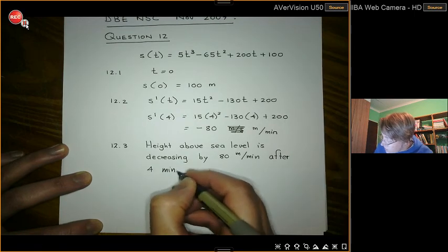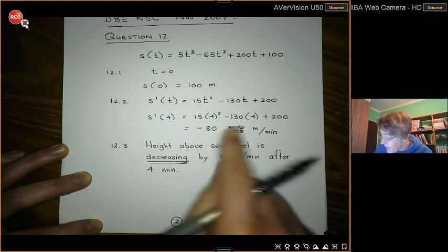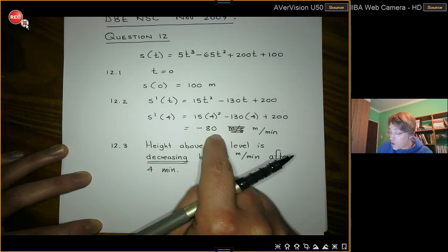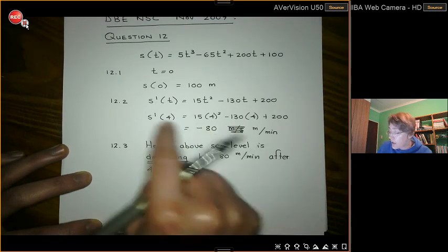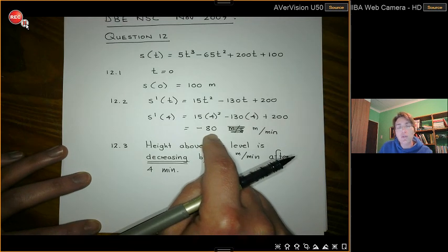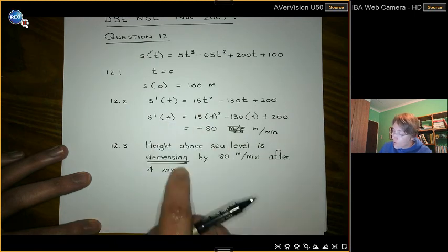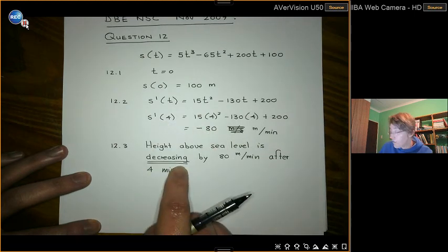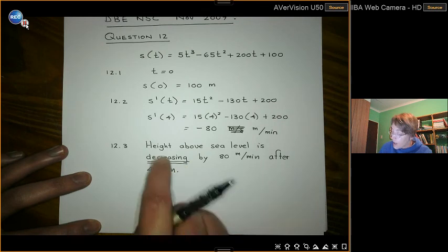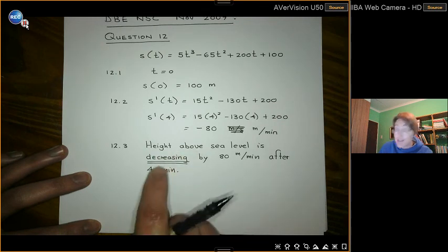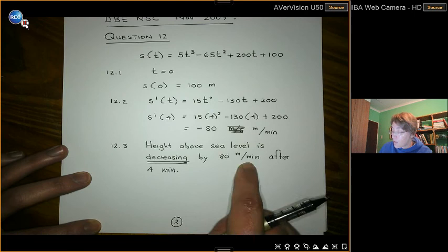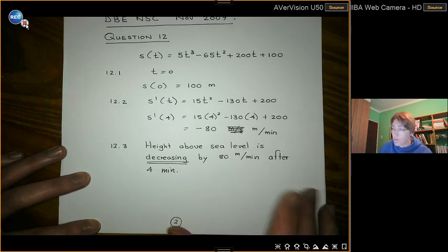So it's just referring to the fact that because it's negative, it's a negative rate of change. Remember, I spoke to you guys about the fact that negative rates of change are also referred to as negative gradients, because the rate of change and the gradient are the same thing. So a negative rate of change is a negative gradient, and we know a negative gradient refers to the fact that it's decreasing. So the height above sea level is decreasing by 80 meters per minute after 4 minutes. That's pretty much the interpretation.